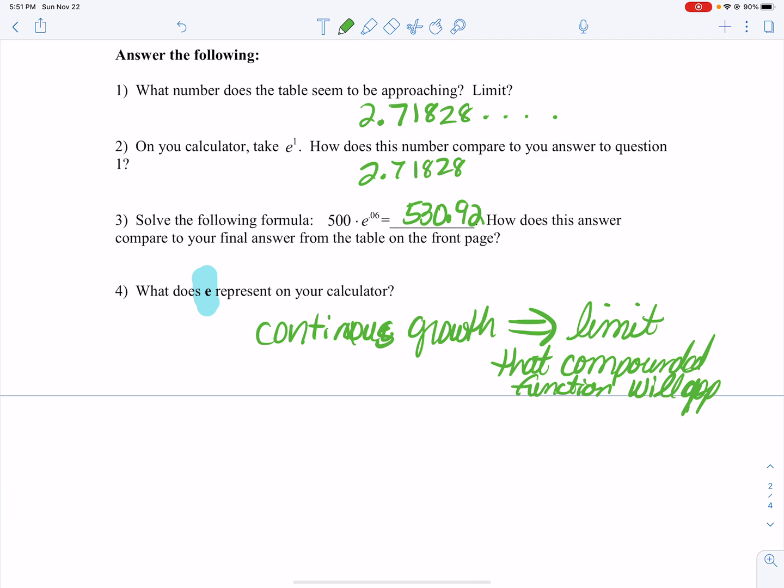So instead of having a base which is this crazy, crazy decimal, you can just turn it into an E. This is what they like to call your natural growth. It is your natural log, and whenever they ask the question continuous, you're going to convert it into the E.